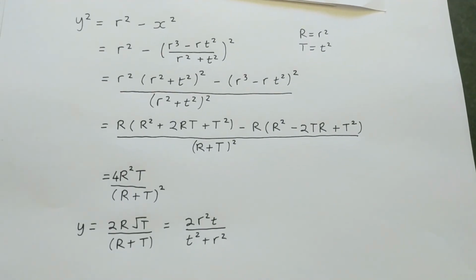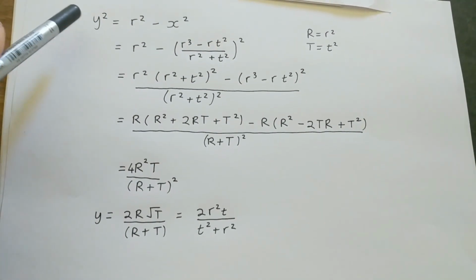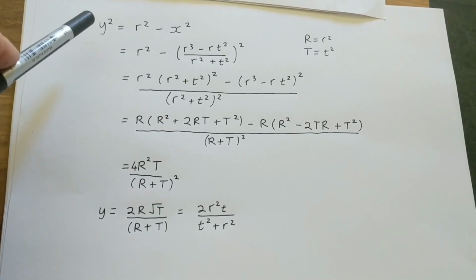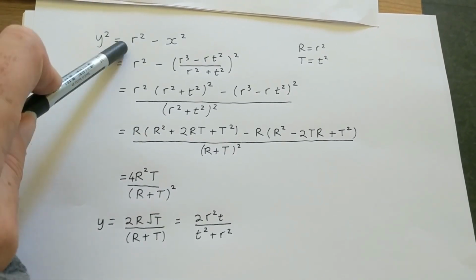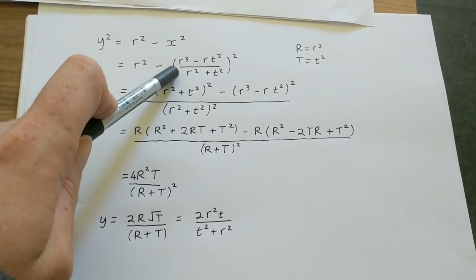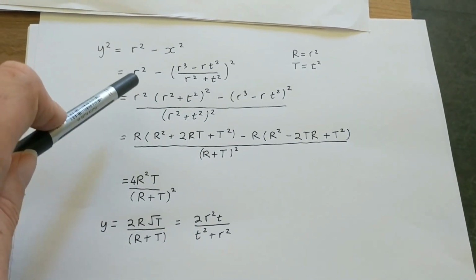Okay, so now let's finish our proof by finding out what y is. So we know x squared plus y squared is r squared. We can rearrange that to give y squared is equal to r squared minus x squared. We just had an expression for x squared. We can put that in.